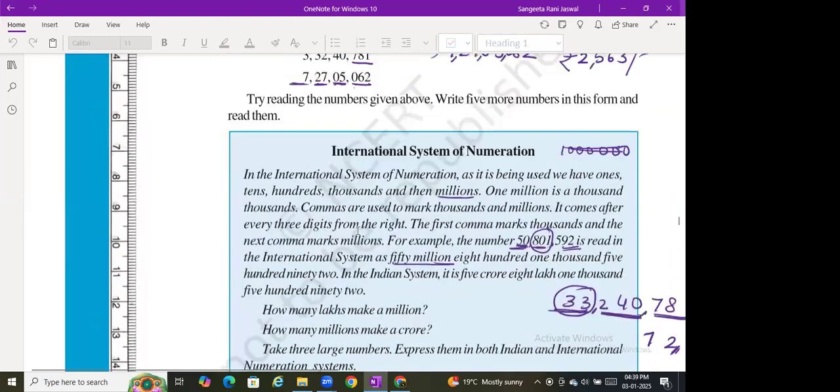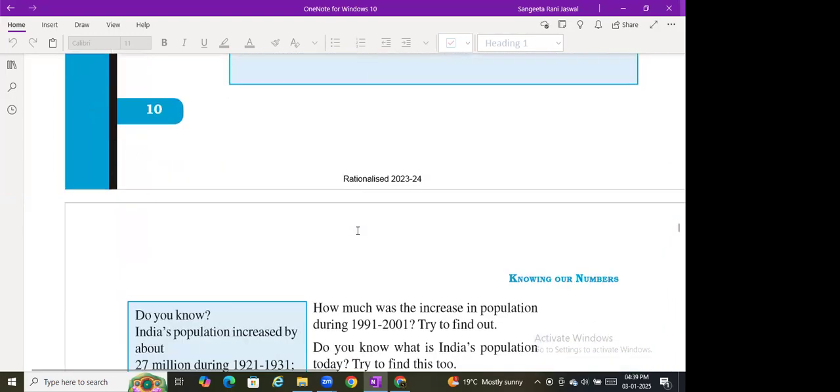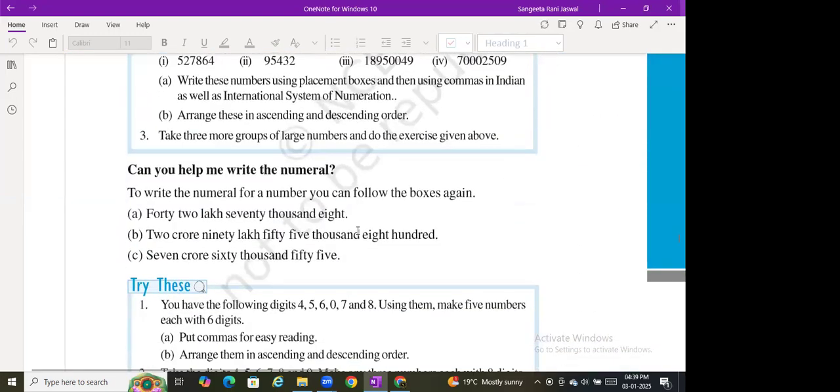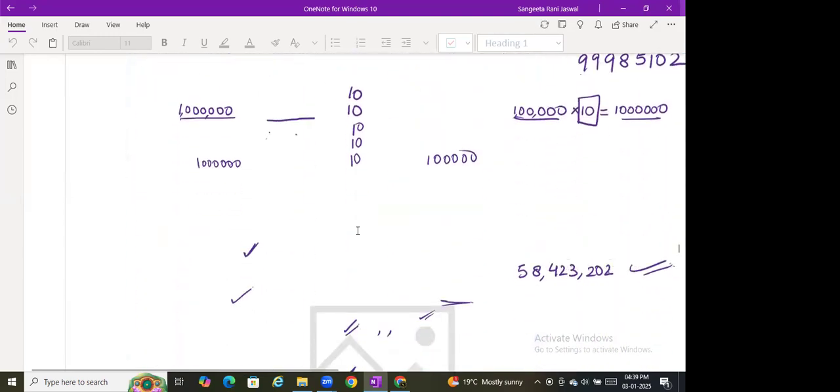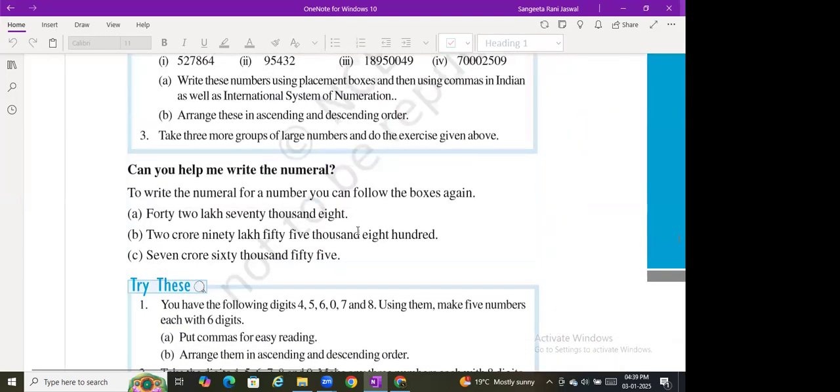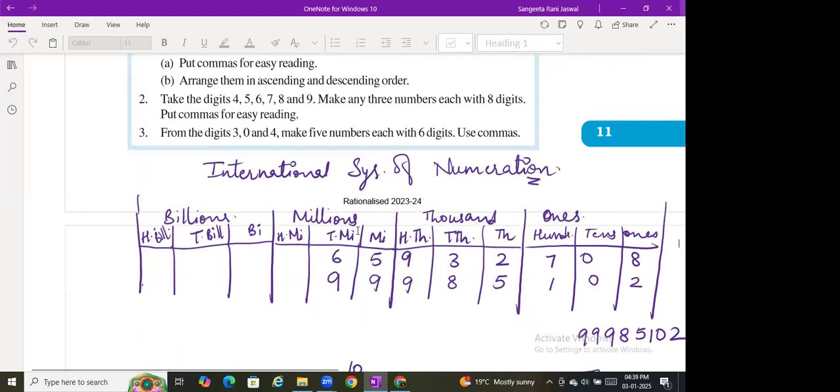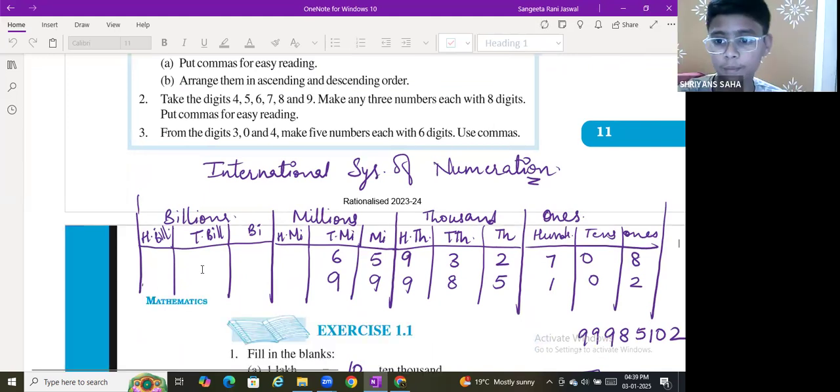Let's take up the exercise part first. Do you have this table? International System of Numeration, Indian System of Numeration. If you don't have it, you can note this down.